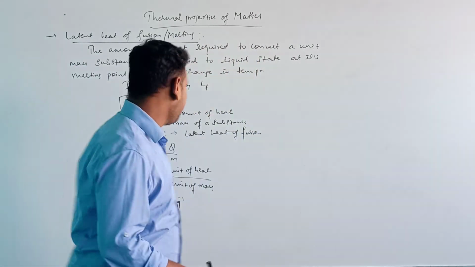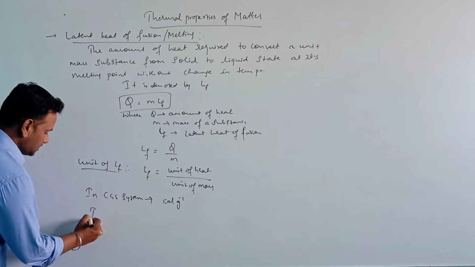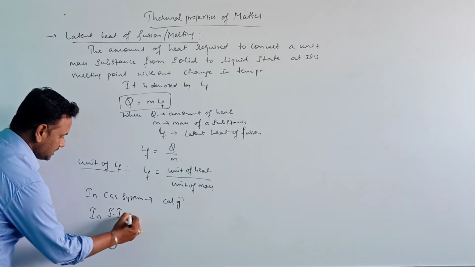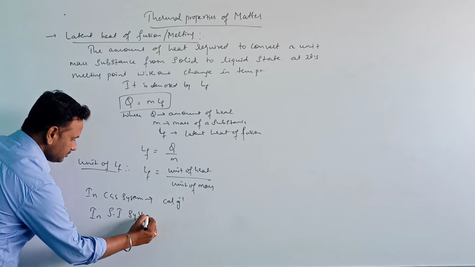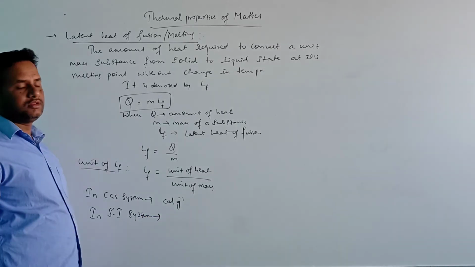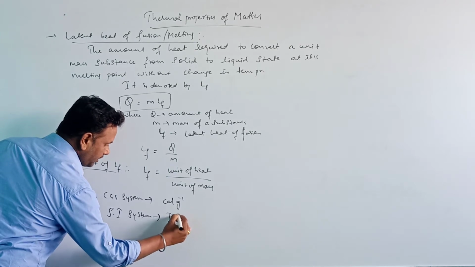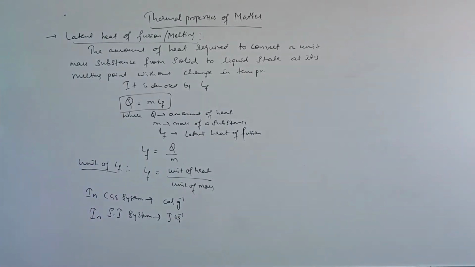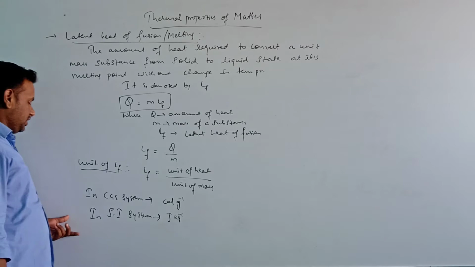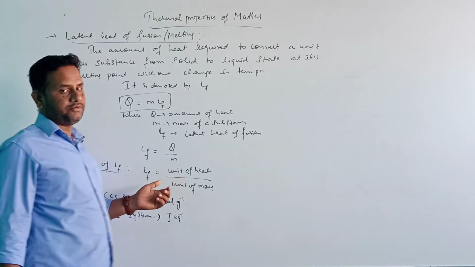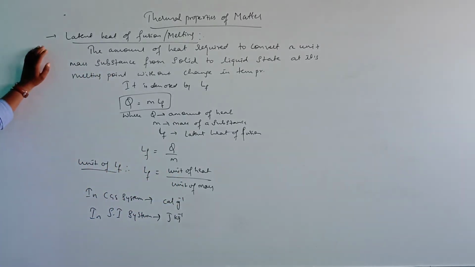In the SI system, the unit of latent heat of fusion is joule per kg. So this is all about latent heat of fusion.